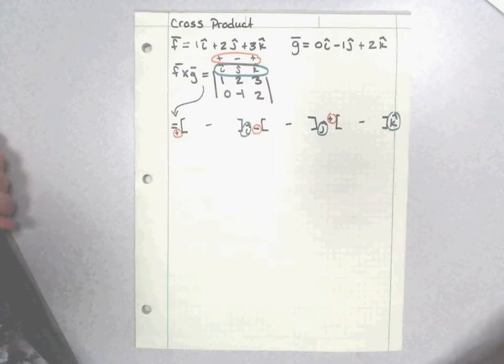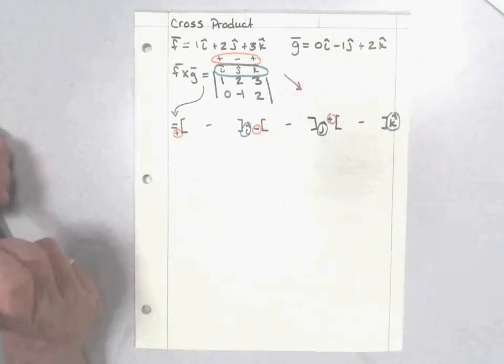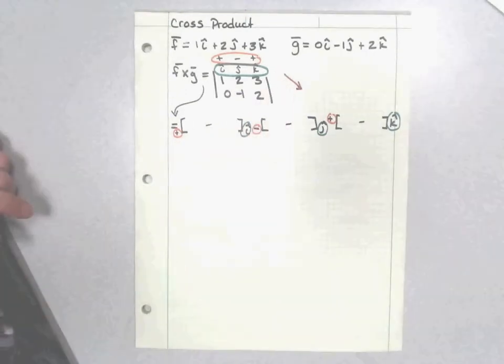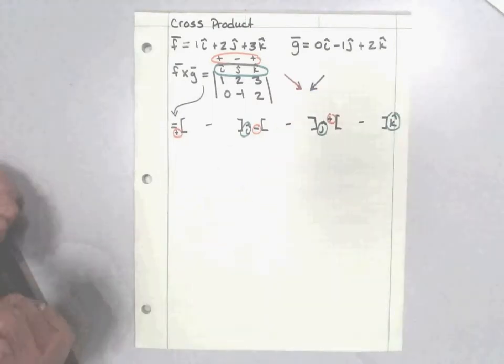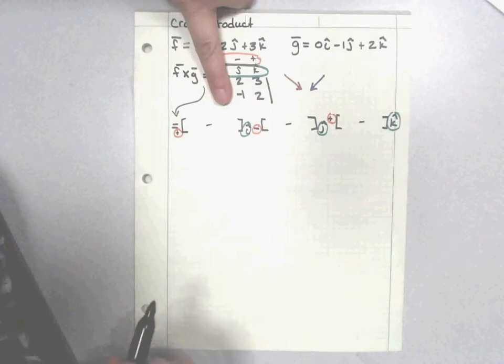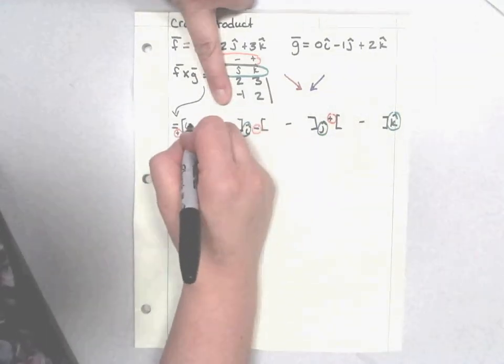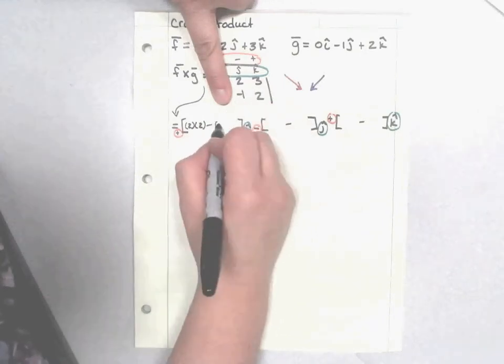And then I use this motion. I go down first from the top left to the bottom right, and then I will move from the top right to the bottom left for each set. So if I cover up my i, because I'm looking for i, I have 2 times 2 minus 3 times negative 1.